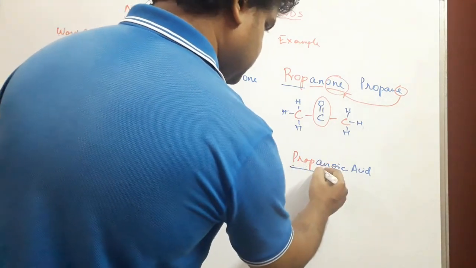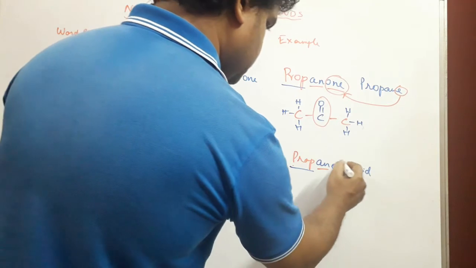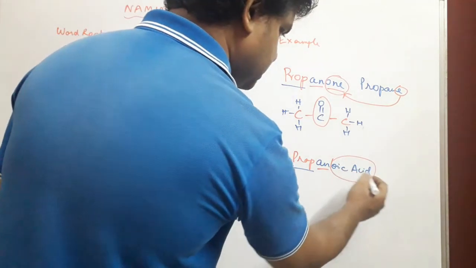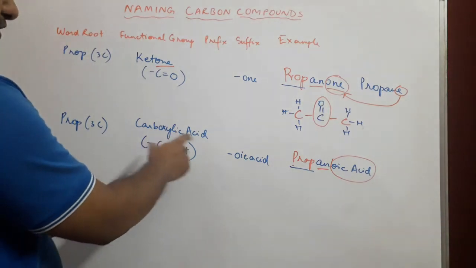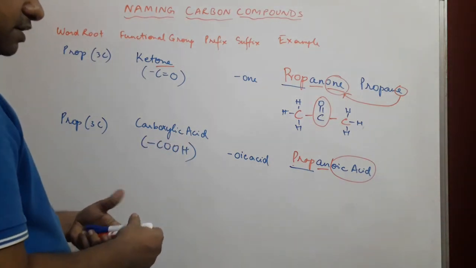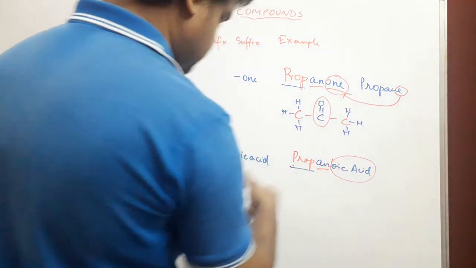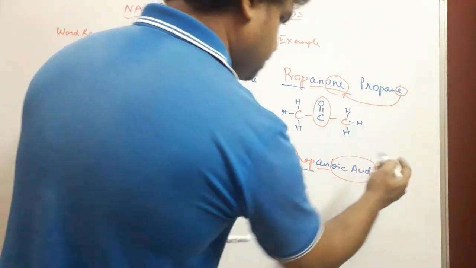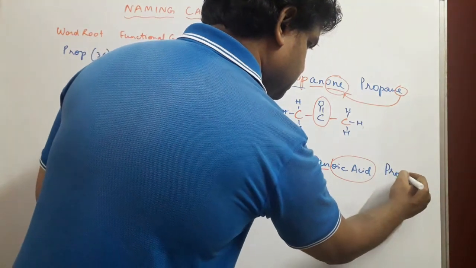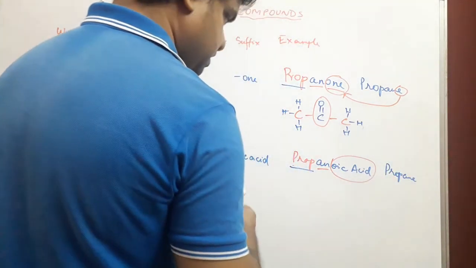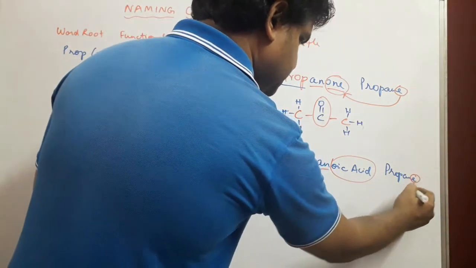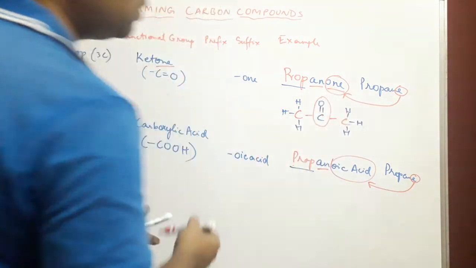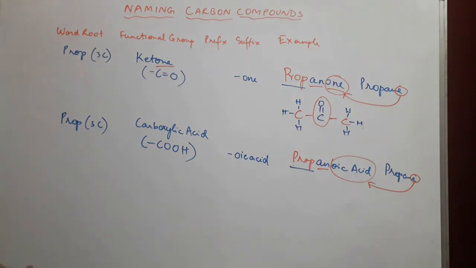An tells you there are single bonds, and oic acid, okay, tells you that it is the carboxylic acid functional group. Once again, you see how propanoic acid is written. It comes from the word propane, where E is replaced by oic acid, just like how E was replaced by one in case of the ketone group.